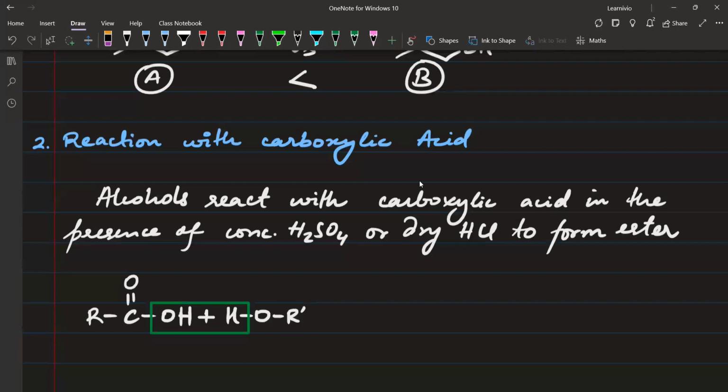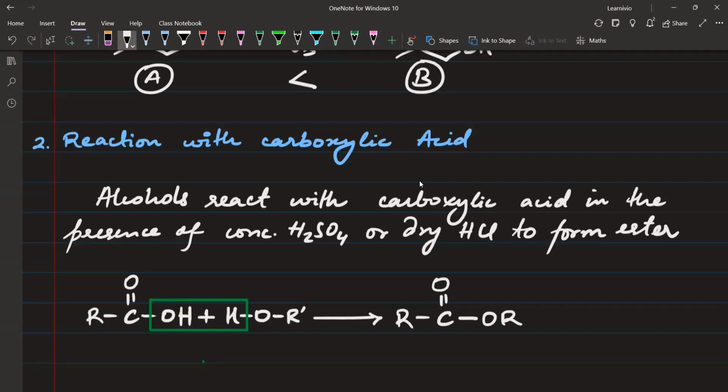The OH from carboxylic acid leaves, and hydrogen from the alcohol leaves. It gives you R C double bond O as it is, bonded with OR' of alcohol. So this fragment is coming from the carboxylic acid, and this fragment is coming from the alcohol, and we are getting water.